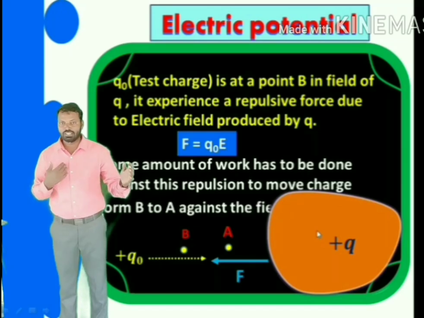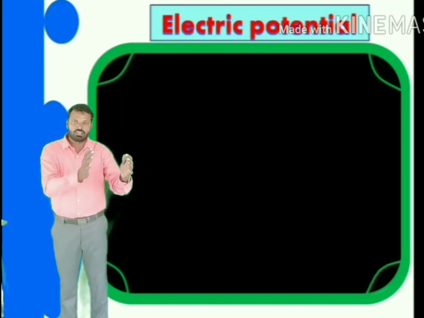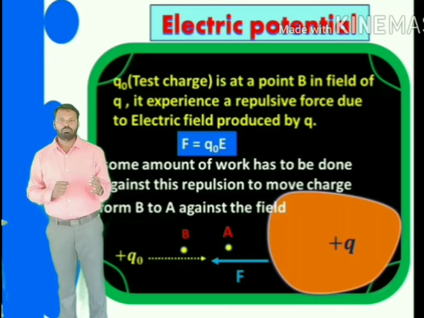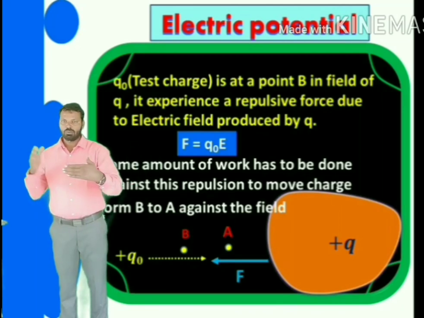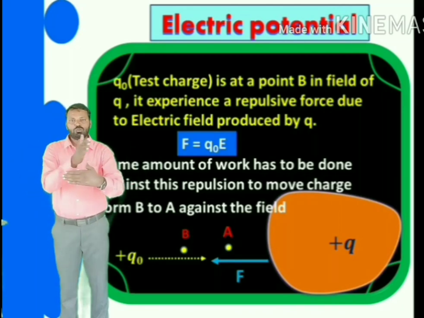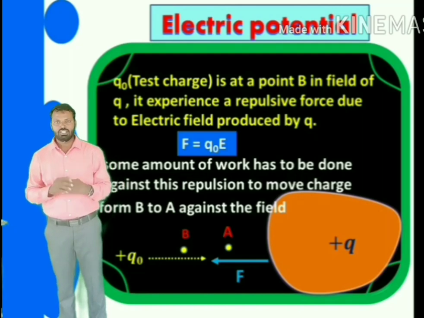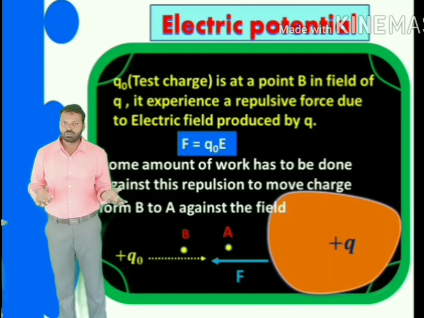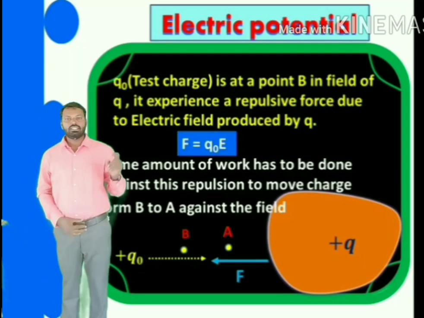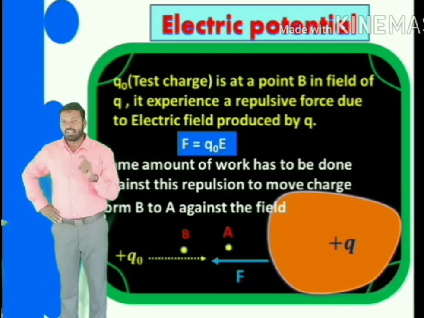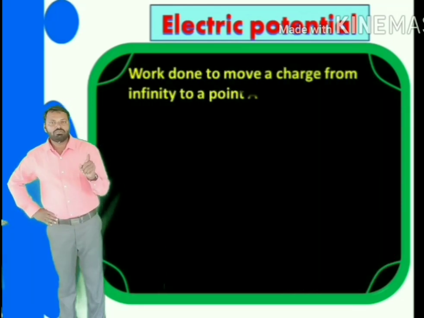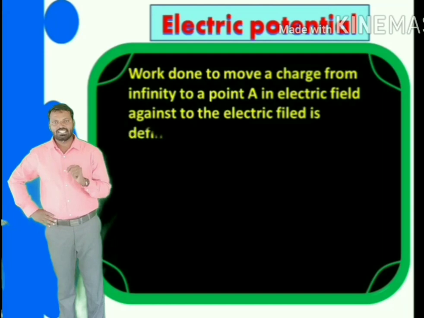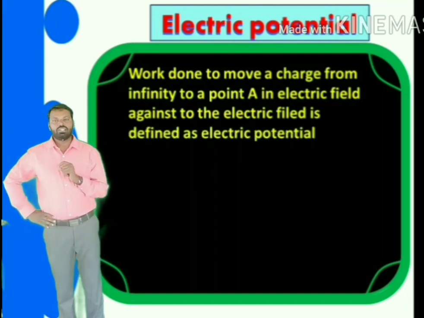But now what I am doing is trying to move my charge from point B to point A, which is against the electric field, because the electric field is opposing. I am trying to move closer to the charge. So obviously I have to work externally. That amount of external work which has to be done to overcome this repulsive force is called electric potential.